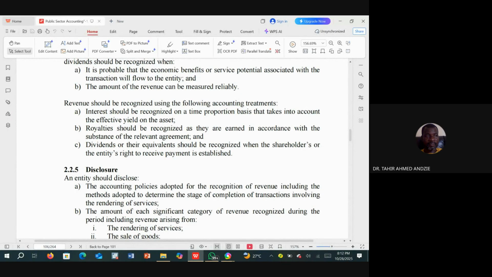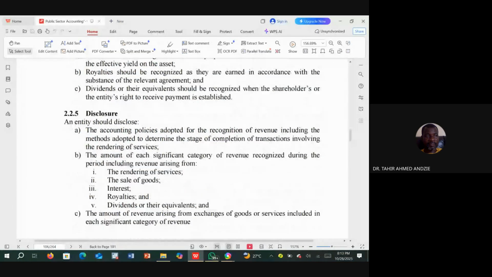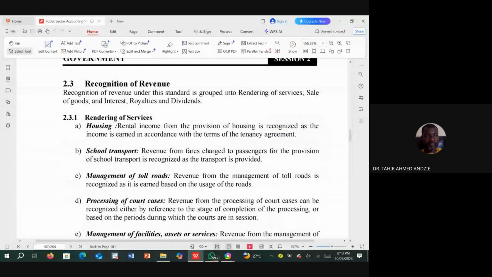If you have said that the royalty should be paid according to the number of whatever units you get from the particular concession that is given to the person, so be it. Then dividends or their equivalent should be recognized when the shareholder's or the entity's right to receive payment is established. So how to disclose those has also been given. Take notes and go through that.